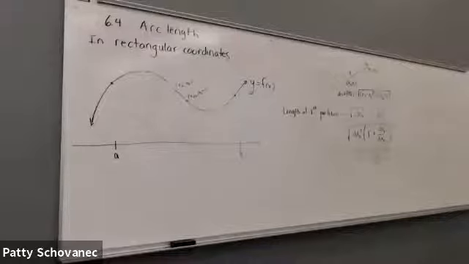Who remembers the mean value theorem? The mean value theorem was a relationship between the average change and the instantaneous change, wasn't it? It said on an interval for a continuous function, there's at least one place at which the instantaneous rate of change is equal to the average rate of change.